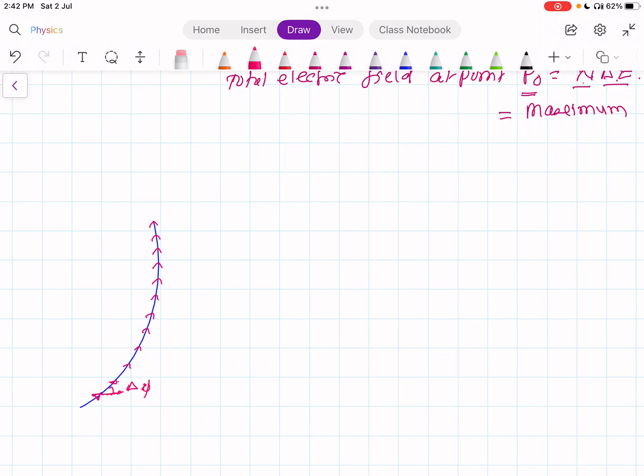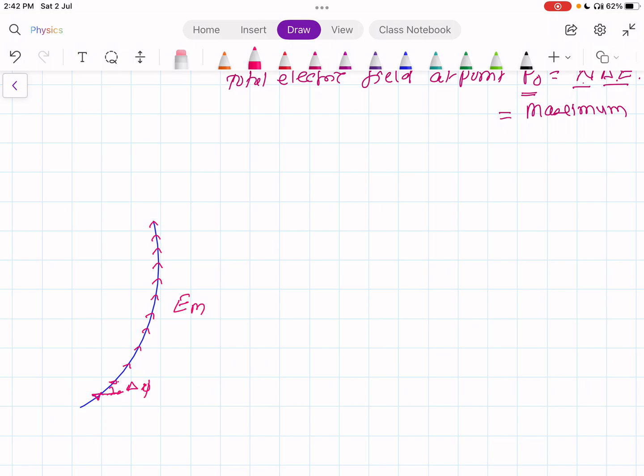That will not be the straight line, because you will get the straight line when angle is 0. But now it's not a straight line. There is some phase difference. There is some angle between the phasors which are reaching at point other than P naught. And so it forms an arc of length EM.